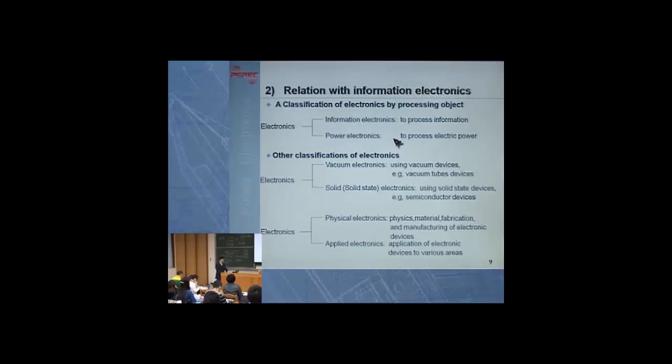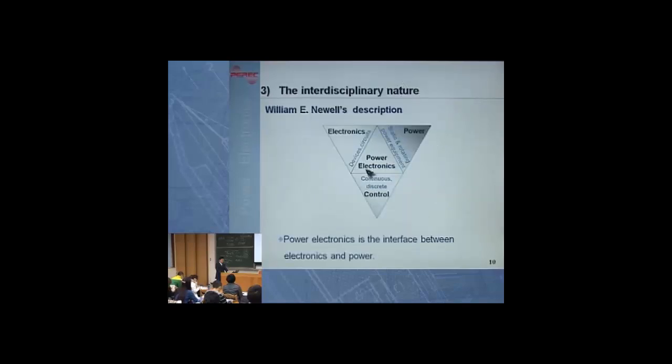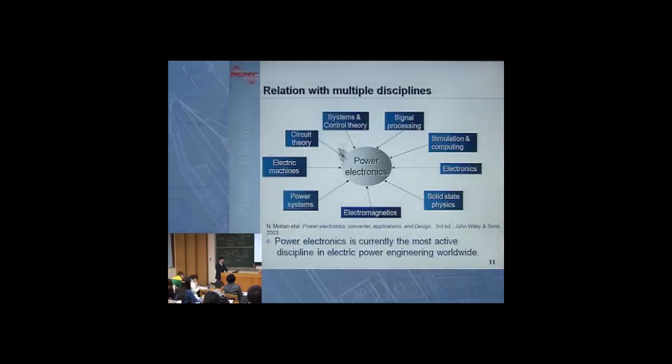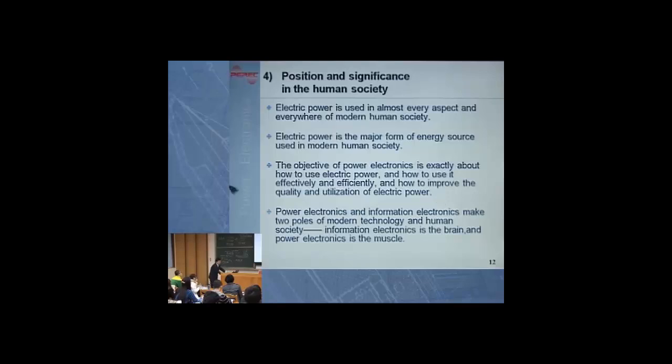The relationship of power electronics with information electronics, with power, and with control is now very clear, as is its relationship with other disciplines. Electric power is used in almost every aspect of modern human society because it is the major form of energy we use. The objective of power electronics is how to use electric power effectively and efficiently, and how to improve its quality and utilization.